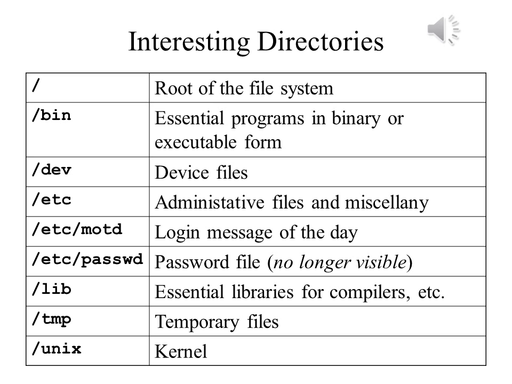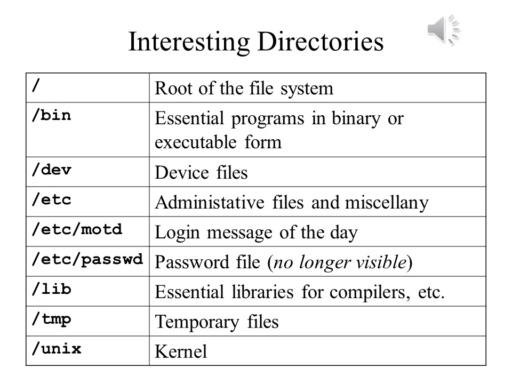Slash etc, or etc, is for administrative files or miscellaneous files along the way. This will include the password file, slash etc slash password, which is not always visible on most systems. It'll also include slash etc slash MOTD.